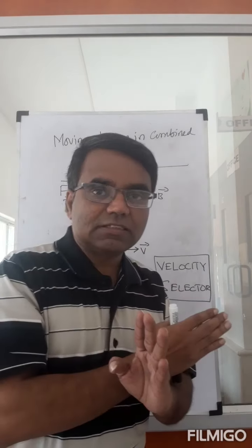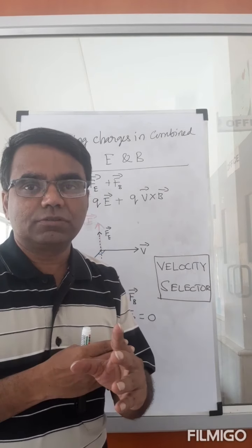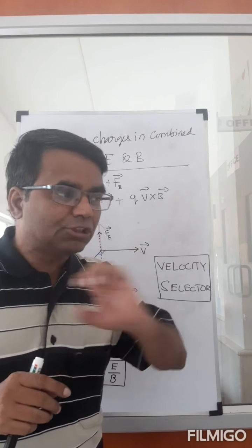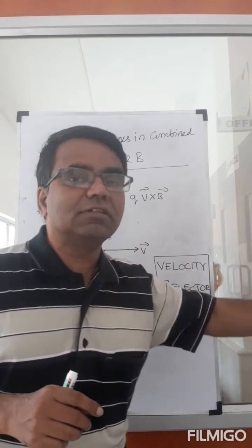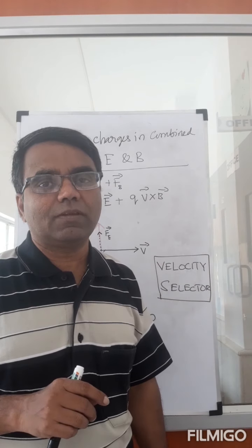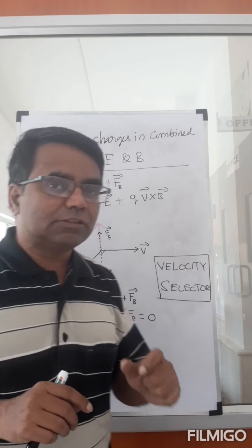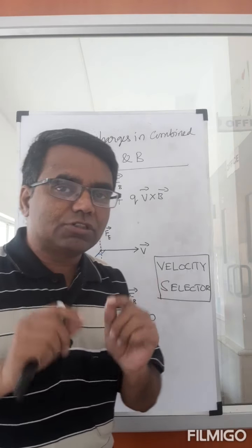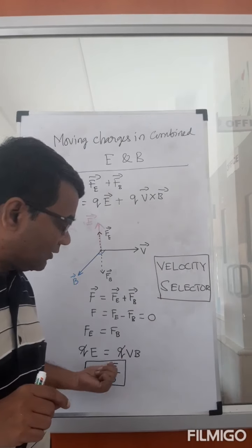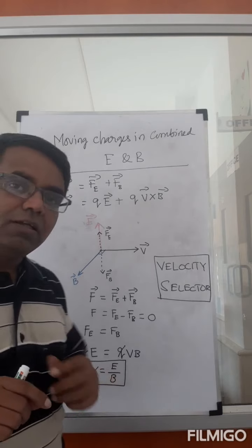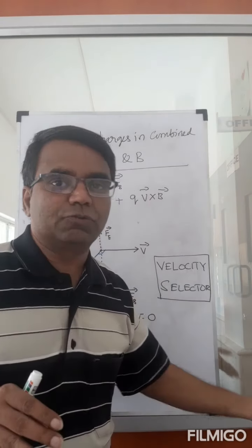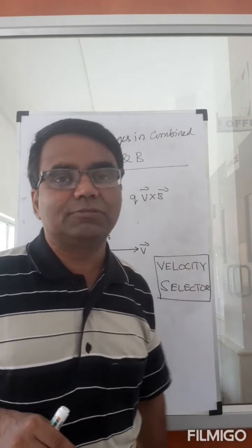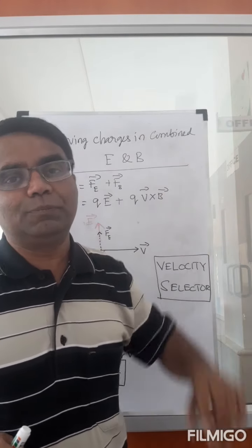So crossed fields can be used to select charges of a particular velocity, because charges which do not have this velocity, which is equal to E by B, will drop out. They won't travel straight. They will either go down or go up.